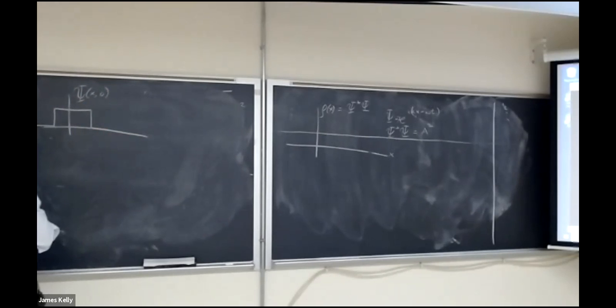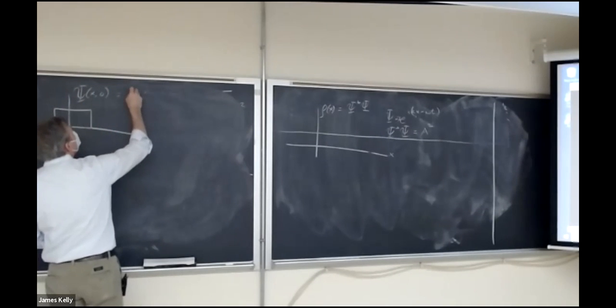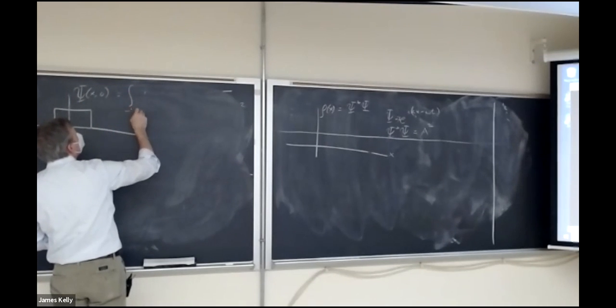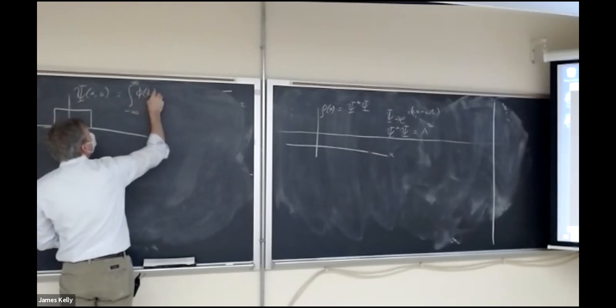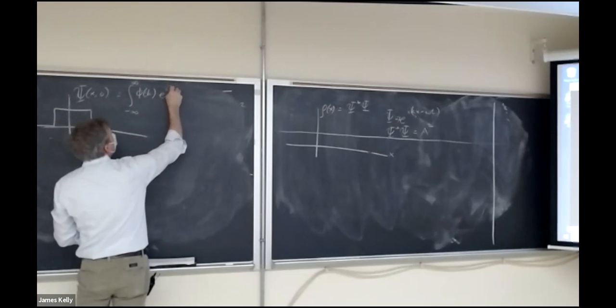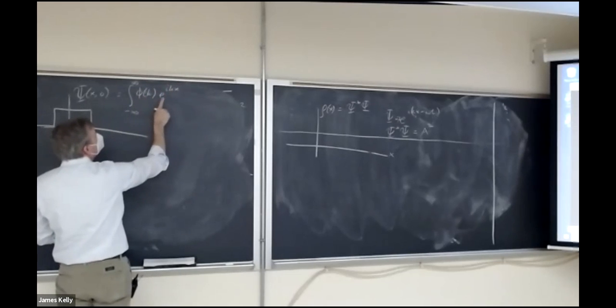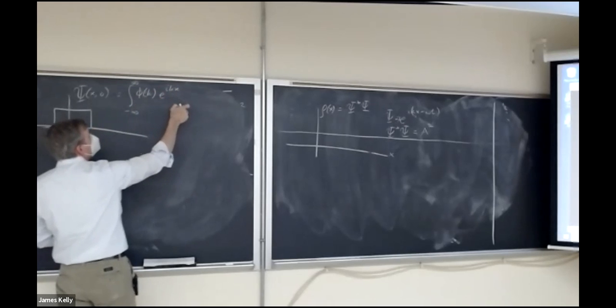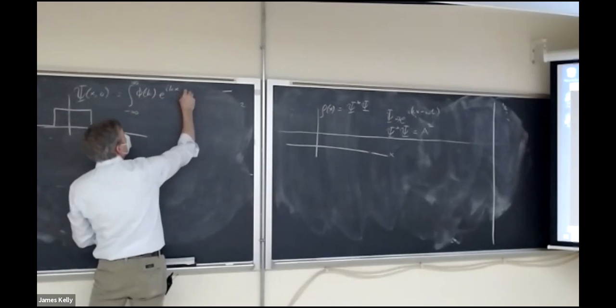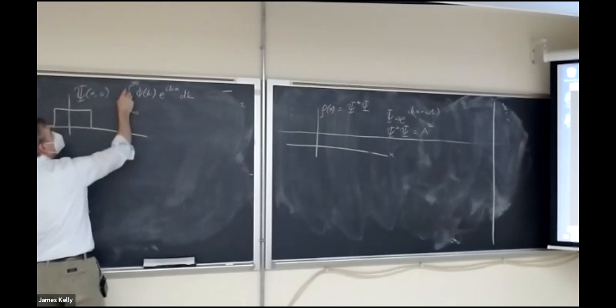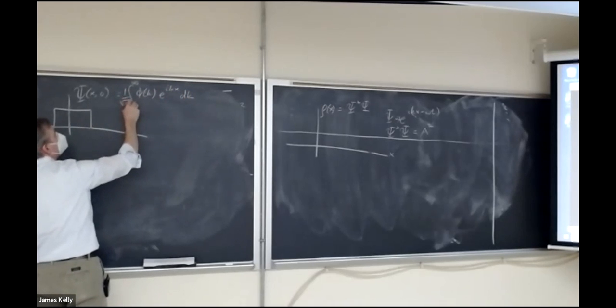Well, what I need to do is write this as a linear combination, phi of k e to the ikx. I need to write it as a linear combination of these definite energy states, and they're also definite momentum states. This is true for any k. I need to sum over all k's, and by convention, we usually put a 1 over root 2 pi out in front.